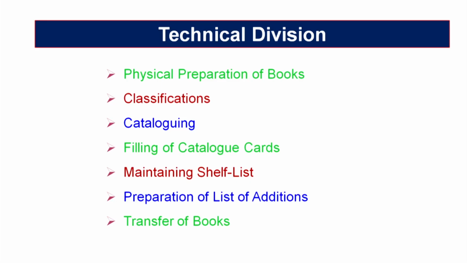That means the technical division is the last division of this particular library, making a particular book a serviceable option. So the major works which happen in a technical division are physical preparation of books, classification, cataloging, filing of catalog cards, maintaining the shelf list, and preparation of the list of additions and transfer of books. So these are the major works which are done in a particular library as part of technical divisions.